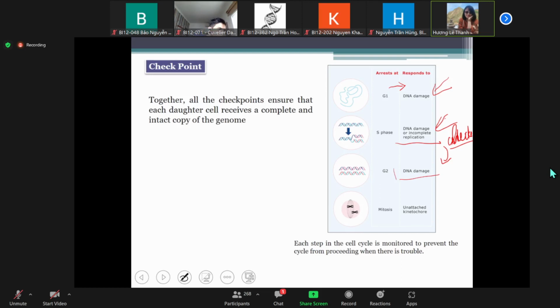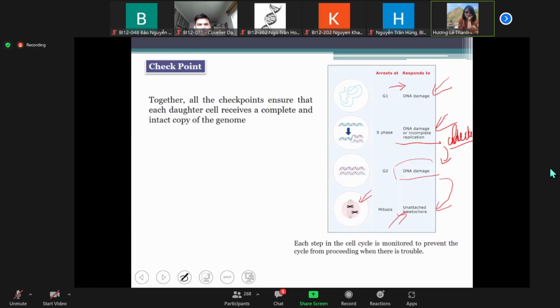If everything is okay, the cell has the right to move into the next step, that's into the mitosis. And in the mitosis, they pay attention to the number of chromosomes. If there are any attachment problems at the kinetochores, then there is a problem in the mitosis.